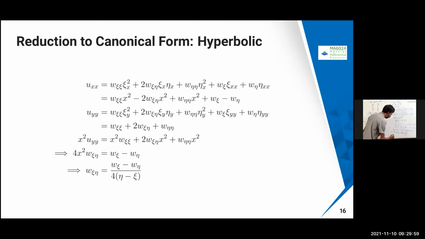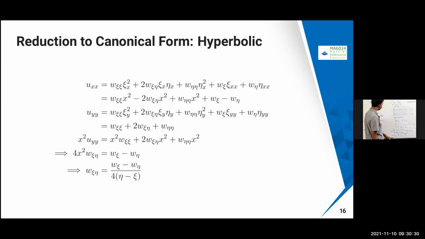Therefore, you are going to get 4x square w chi eta. So I'm just equating that. I'm just pushing this one on the other side and this one over this side. So this is going to become w chi minus w eta. What you obtained is x square.